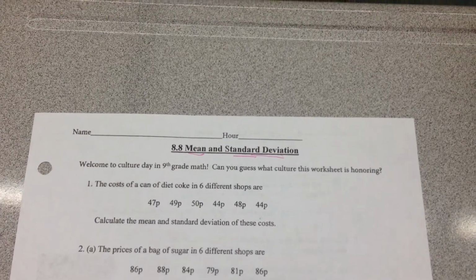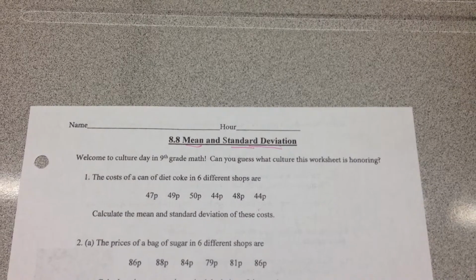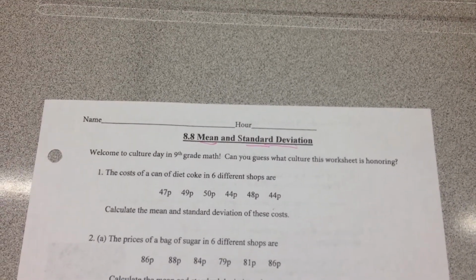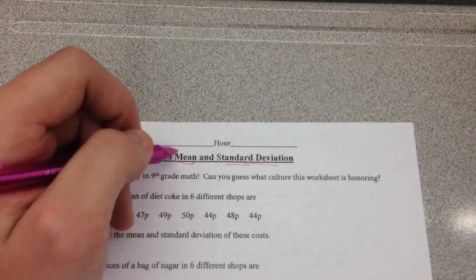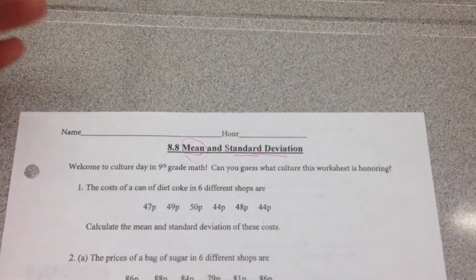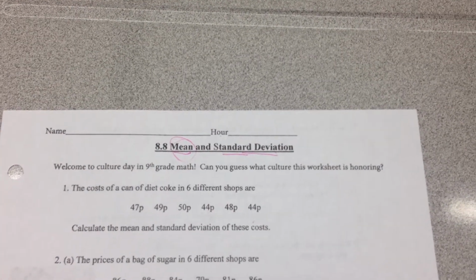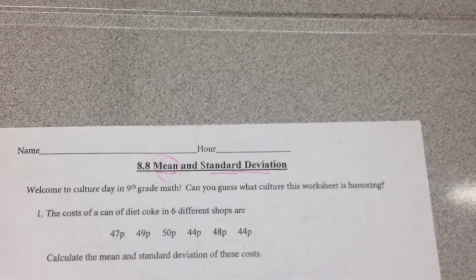The best way I can explain it to ninth graders is it's a way to measure how weird you can get before people start calling you weird. Not everybody's going to be the same, so we find the mean, which is what's normal. But then the question is, how far can we get away from normal before it's a weird piece of data?